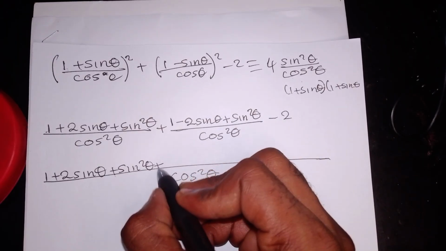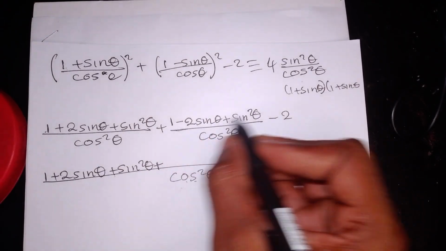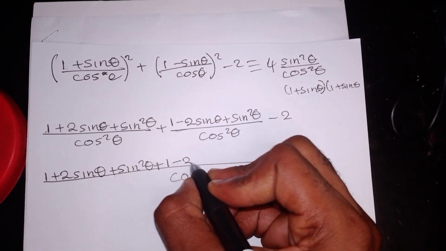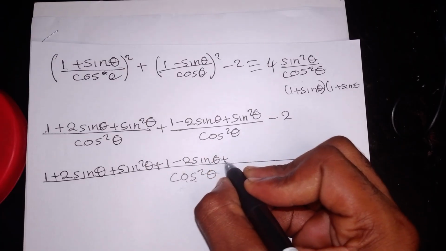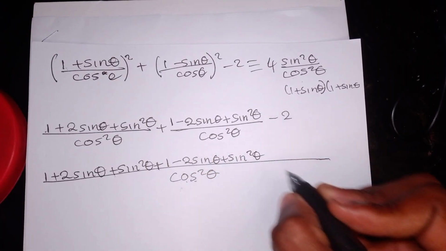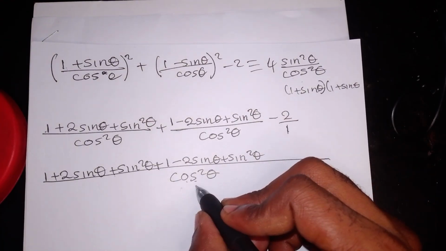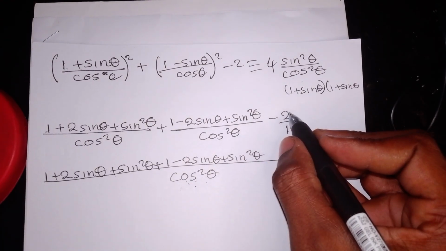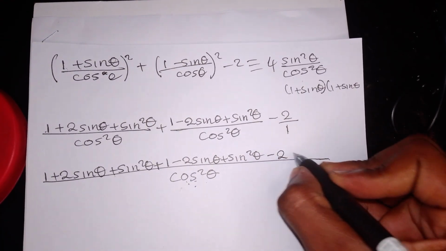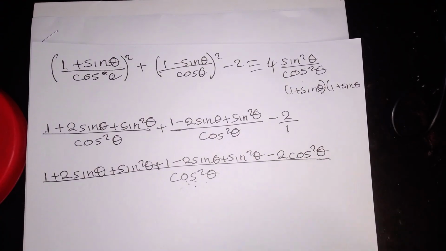The same applies to this one. This into this, you have a 1 multiplied by that, you still have the same thing like that. And then we have a 1 there if you want. So 1 into this, you have cos squared theta multiplied by that, we have minus 2 cos squared theta.